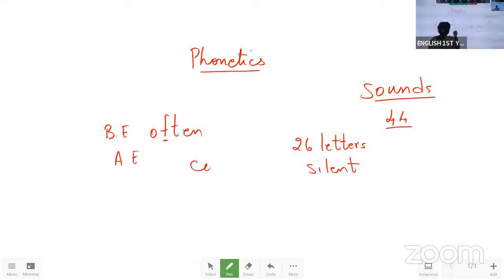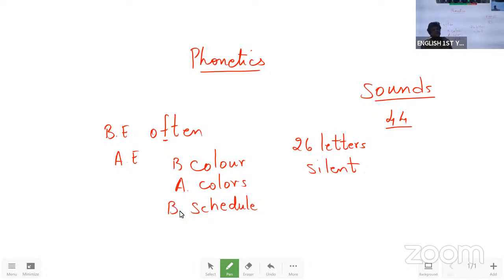Likewise, colors. The spelling is different. This is British and American. But the most clearly seen is the way you pronounce schedule. This schedule is British way of pronunciation, while in American English, it is pronounced as schedule.